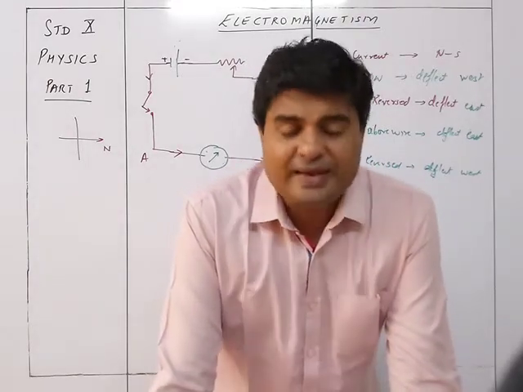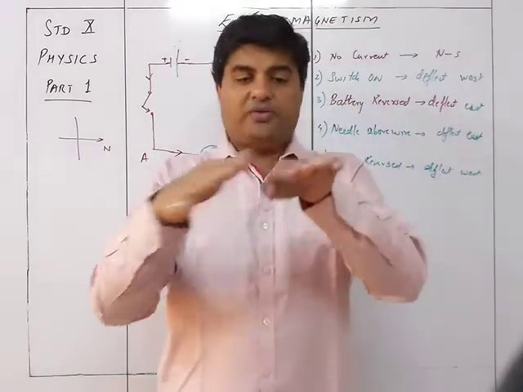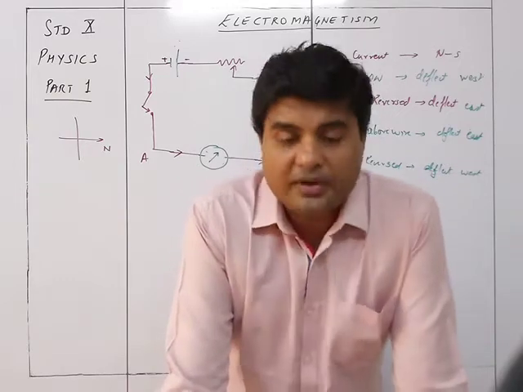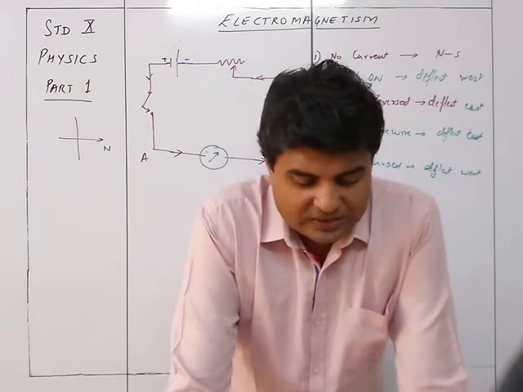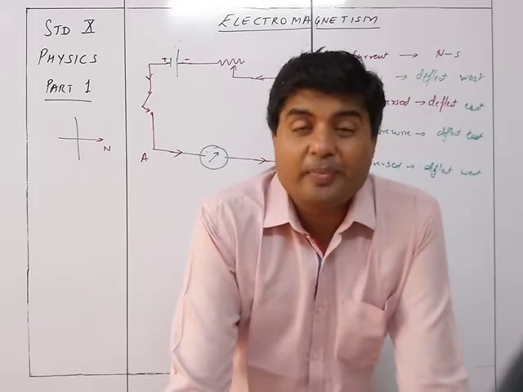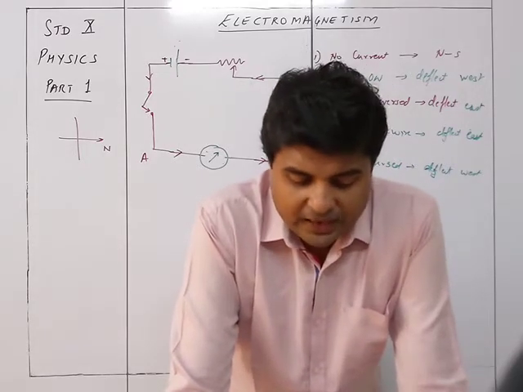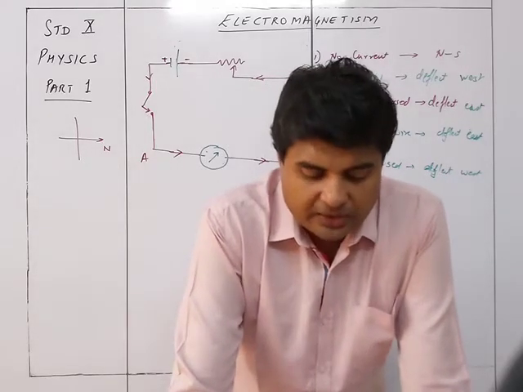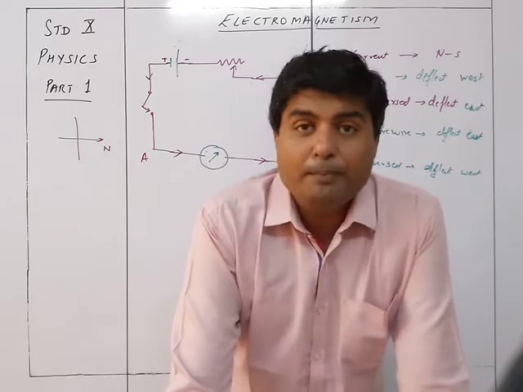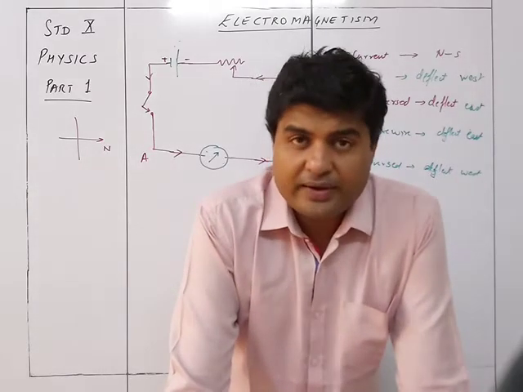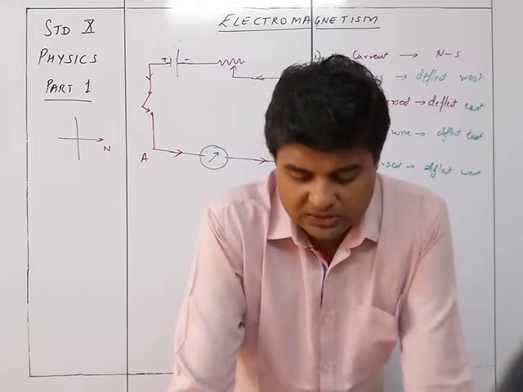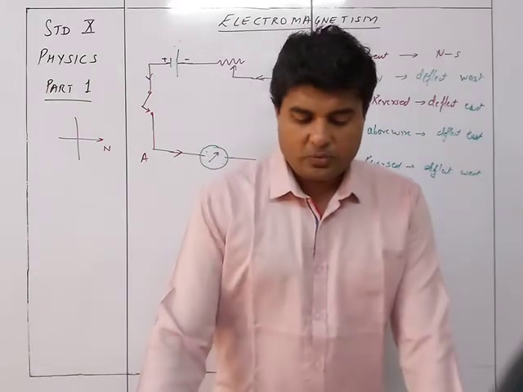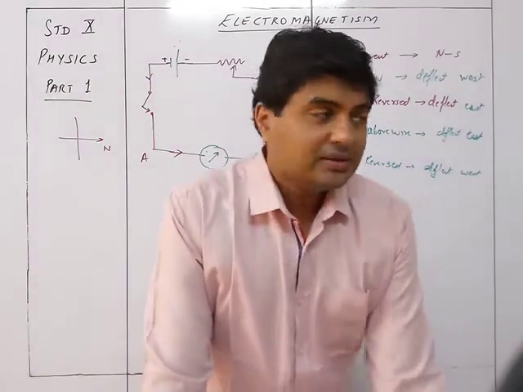Fourth condition, if the compass needle is placed above the wire. If I place it above the wire instead of below, the north pole deflects towards the east when the direction of the current in the wire is from A to B, but the needle deflects towards the west, as shown in figure 10.1e, if the direction of the current in the wire is from B to A. So that is exactly the opposite.